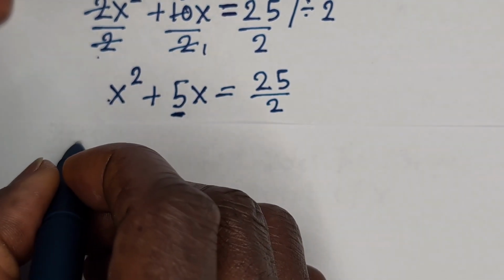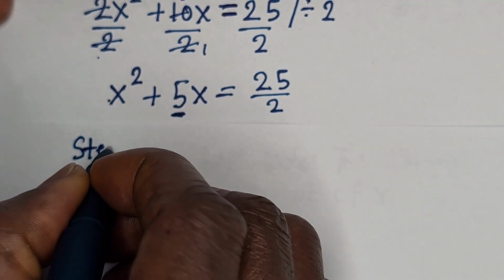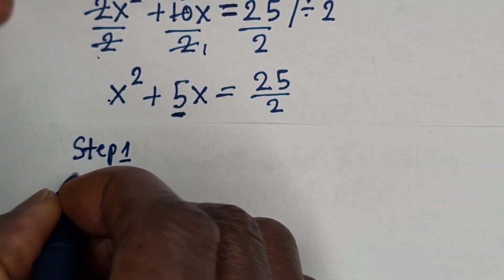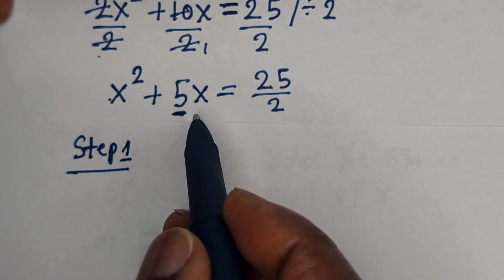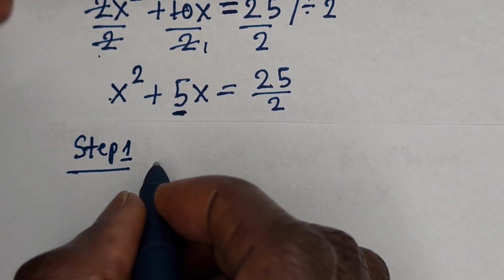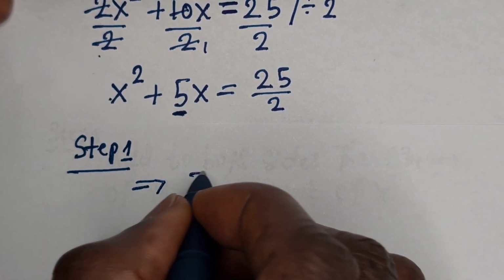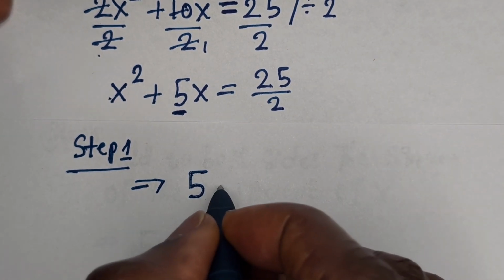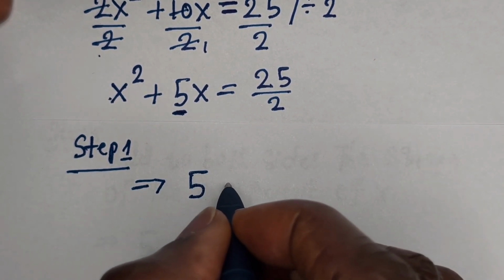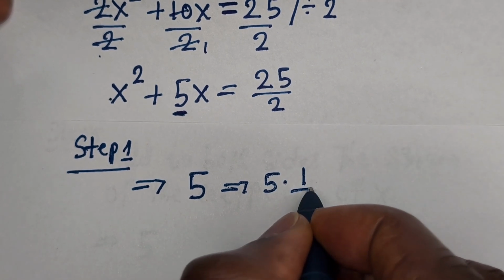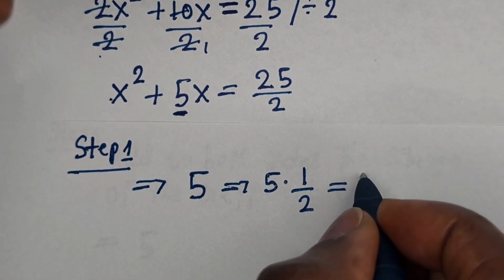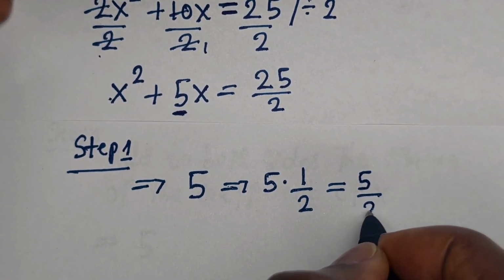Now let's consider the first step. Step 1. Now let us take the square of half of the coefficient of x. The coefficient of x is 5. The half is 5 multiplied by 1 over 2. This is equal to 5 over 2.